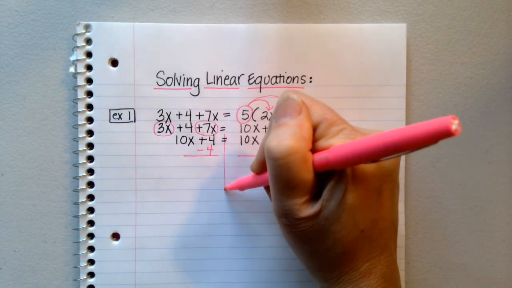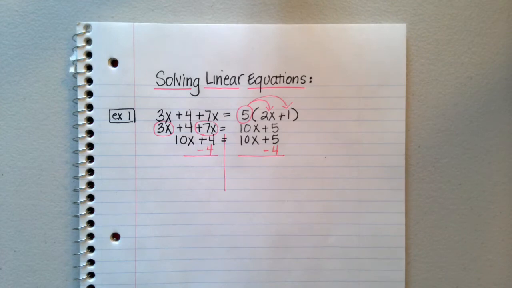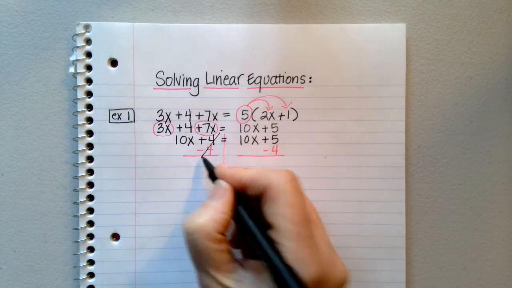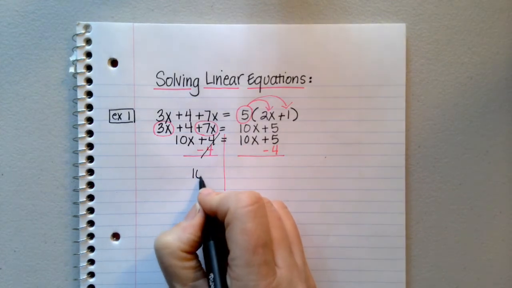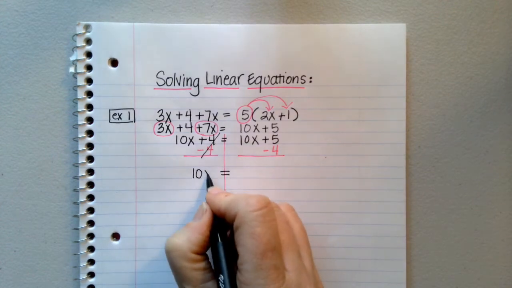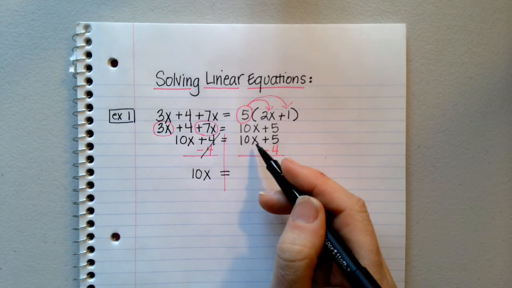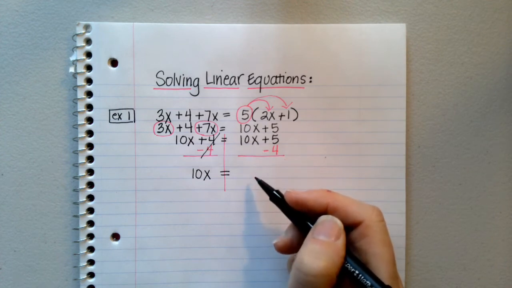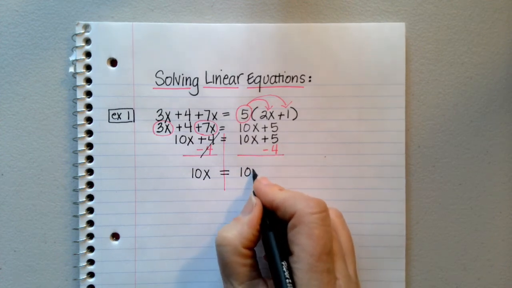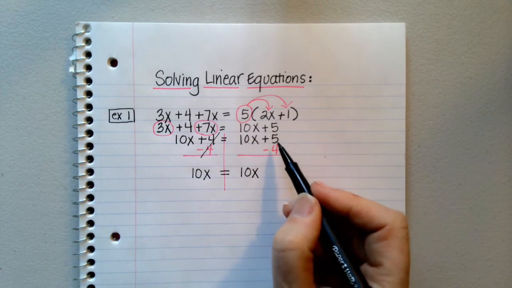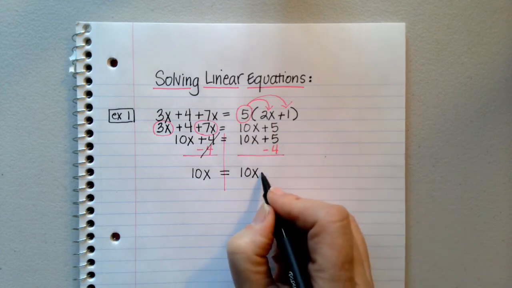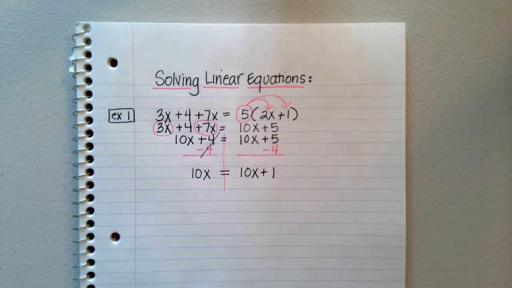Let's draw my balance beam. These 4's cancel. I'm left with 10x. On the other side, I'm also left with 10x, and I have 5 minus 4, so that's going to give me a plus 1.